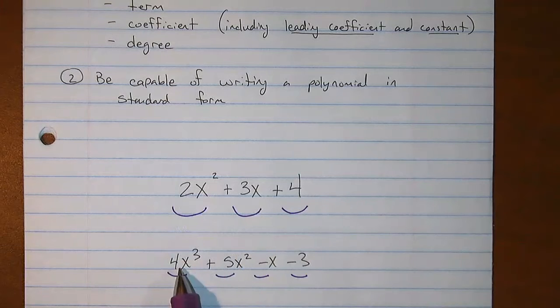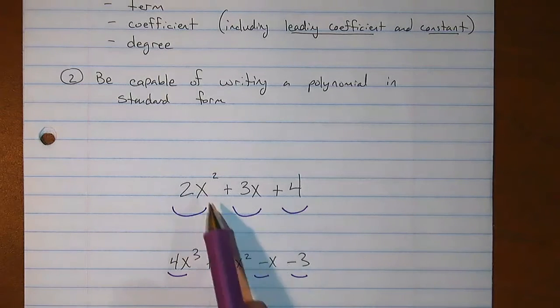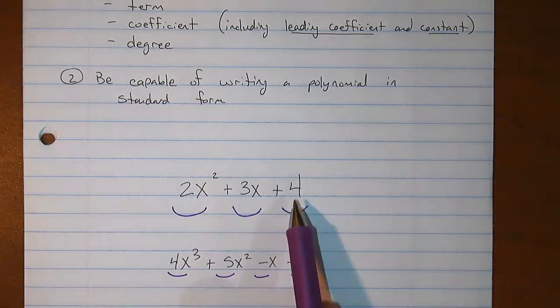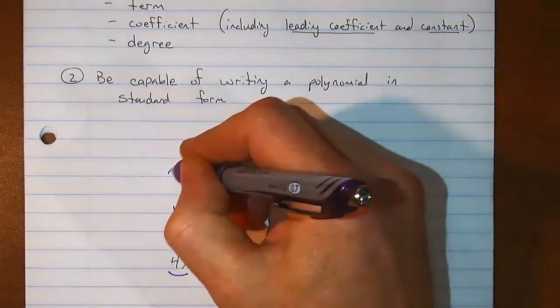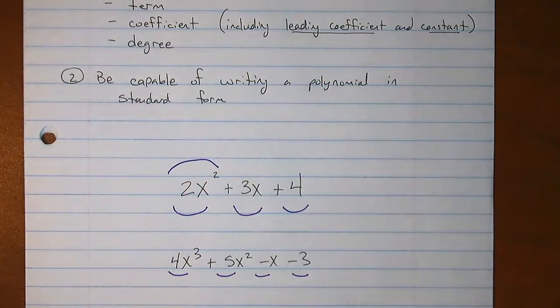These are also all positive terms. So the sign that's in front of the term goes with the term. Okay, so terms can be both positive and negative. They can have x's, they might not have an x, but that's okay. Now, the term that goes in the front is your leading term, and that has on it a leading coefficient.